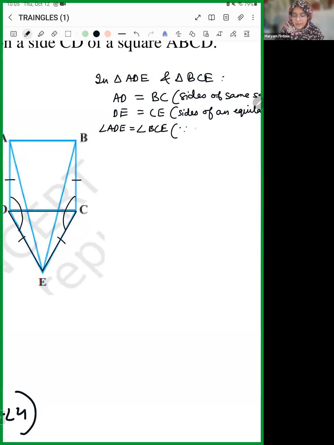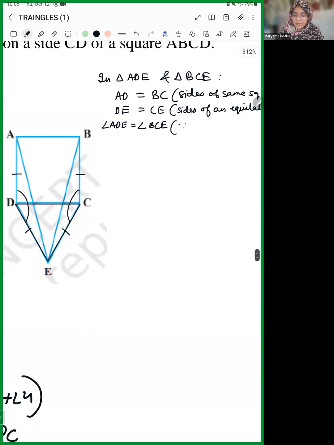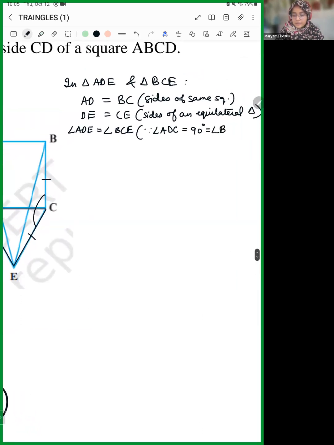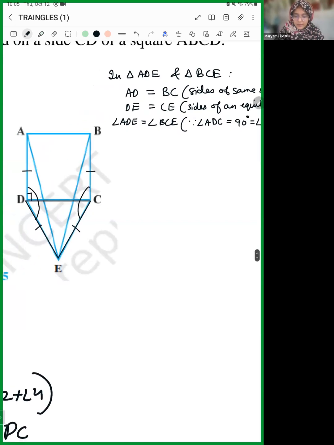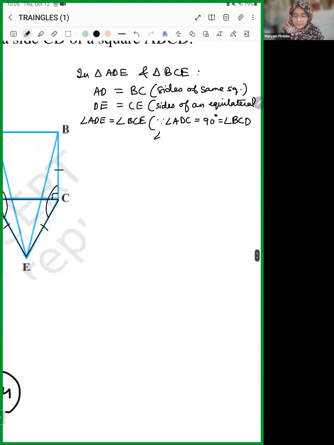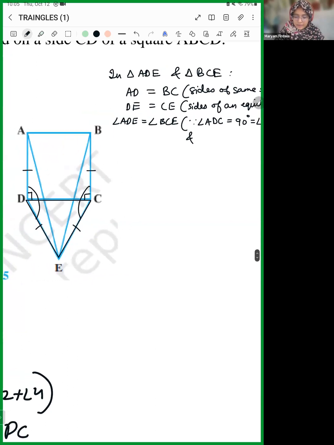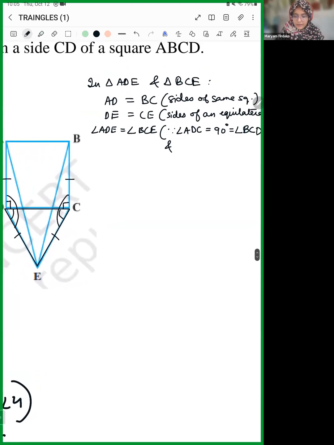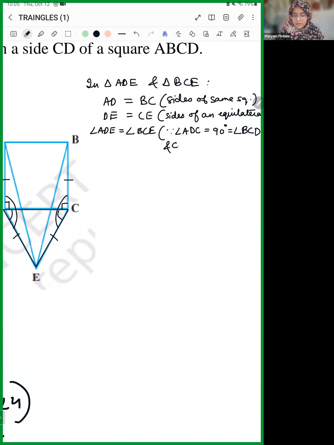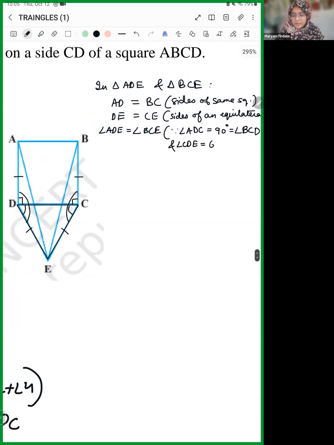So this is how we will write it. Since angle ADC is equal to 90 degrees is equal to angle BCD, this angle and this angle, and this tiny angle and this tiny angle, and angle CDE is equal to 60 degrees is equal to angle DCE, because they are angles of an equilateral triangle.